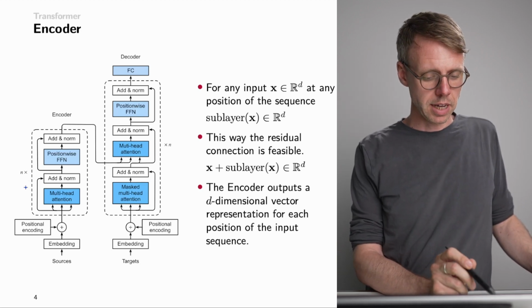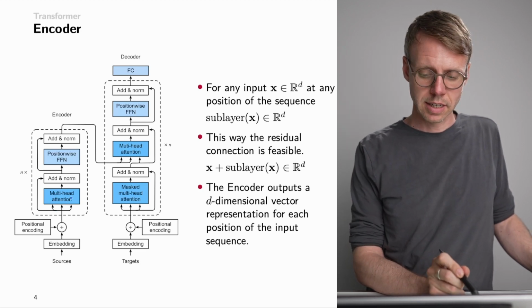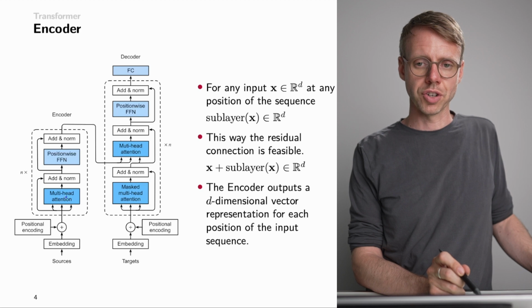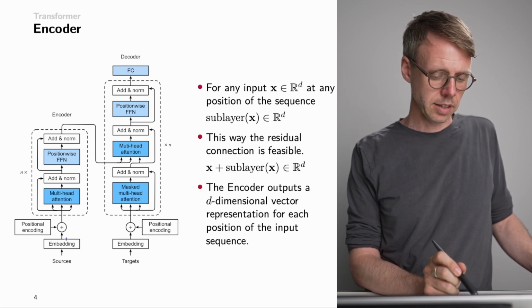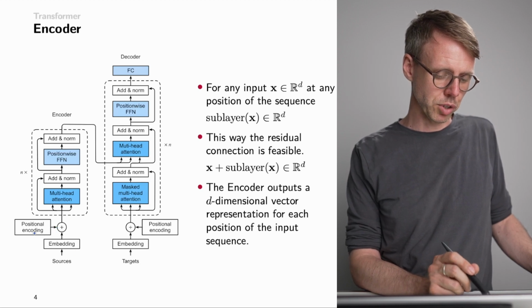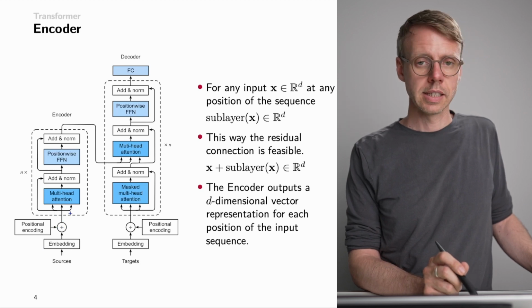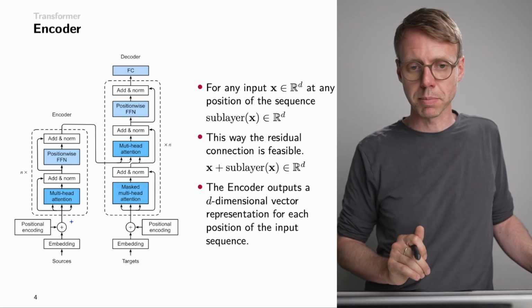The first sublayer is a multi-head self-attention pooling. It takes the embeddings of the input tokens with their positional encodings and performs self-attention on those multiple times, so multiple heads.